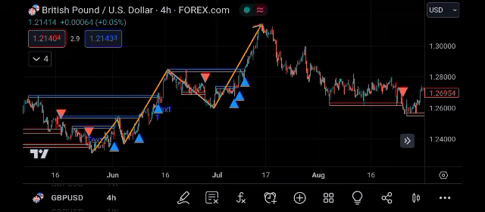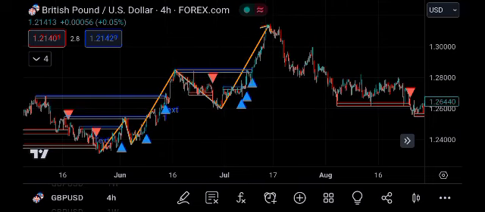The first five waves in the chart form the impulsive move, moving in the direction of the main trade, and the three subsequent waves provide the correction wave. So 1, 2, 3, they are the progressive waves in the direction of the pattern, and this becomes the correction waves.